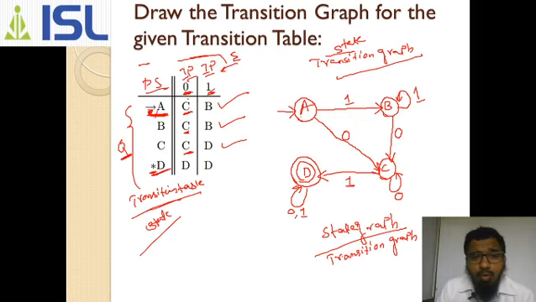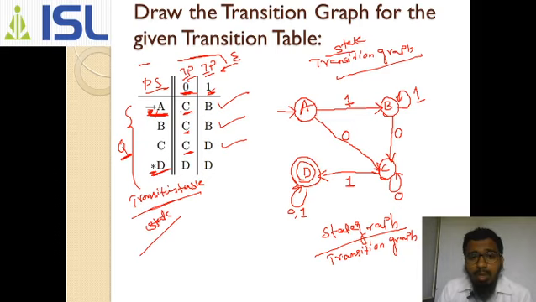From A to C it is going when the input is 0. From A to B it is going whenever the input is 1.